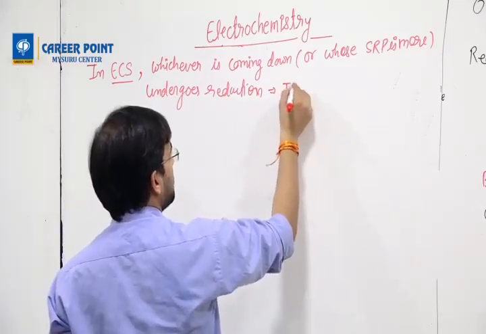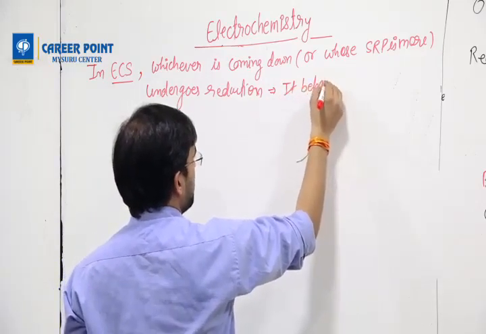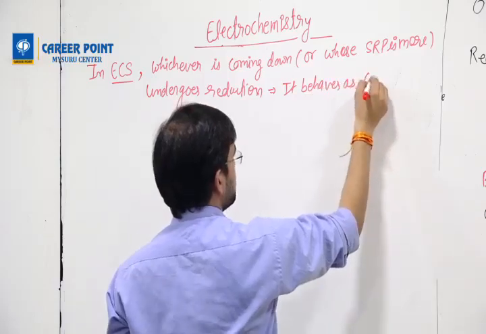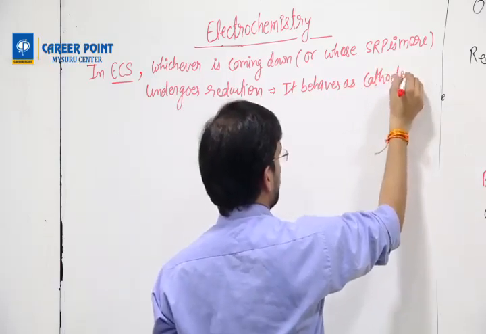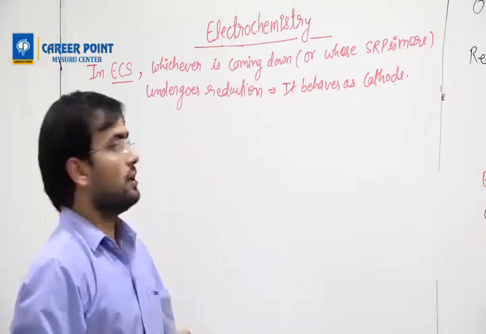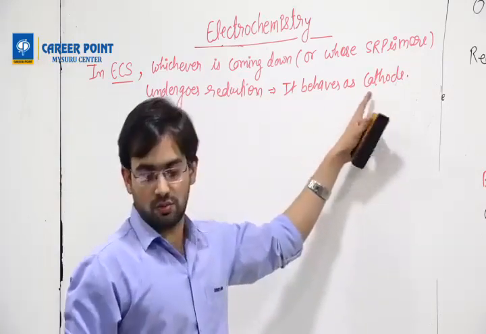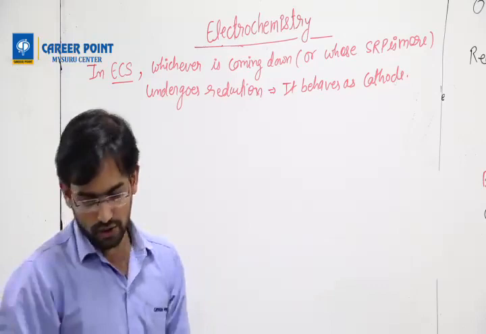That means it behaves as cathode, because reduction always takes place at the cathode. This is the first point.